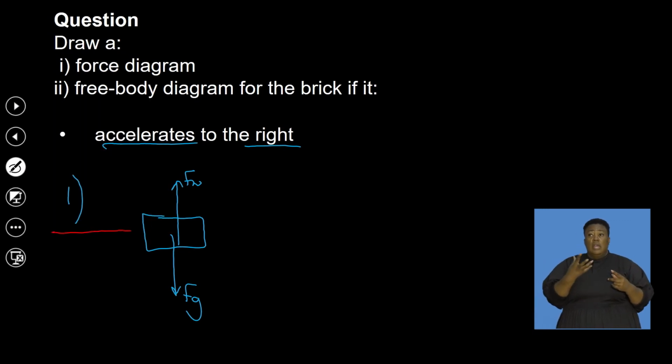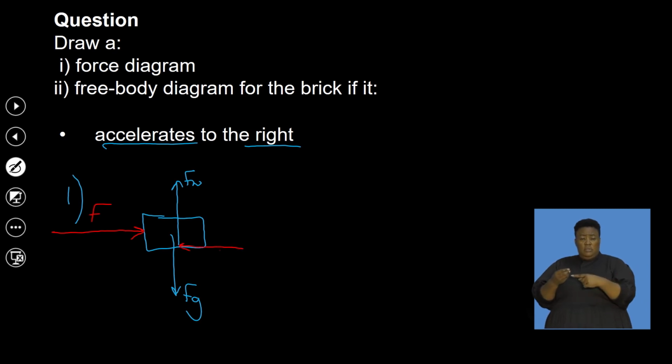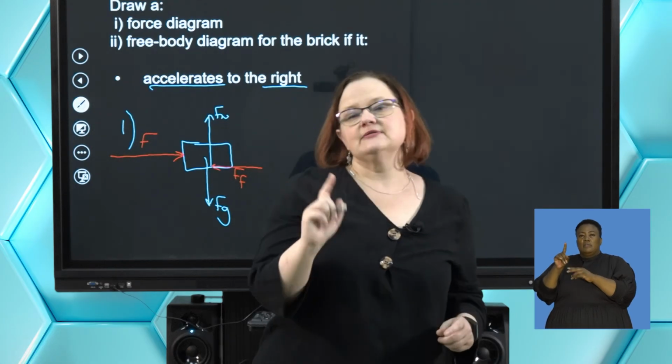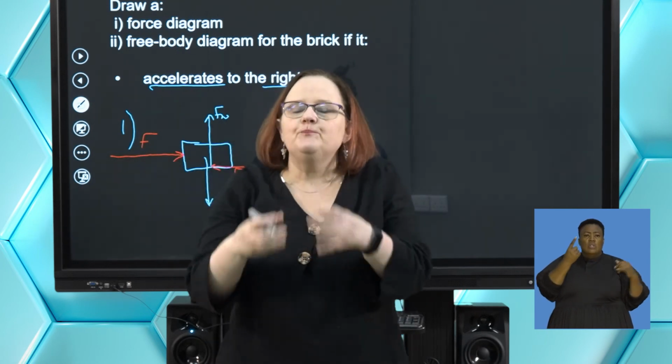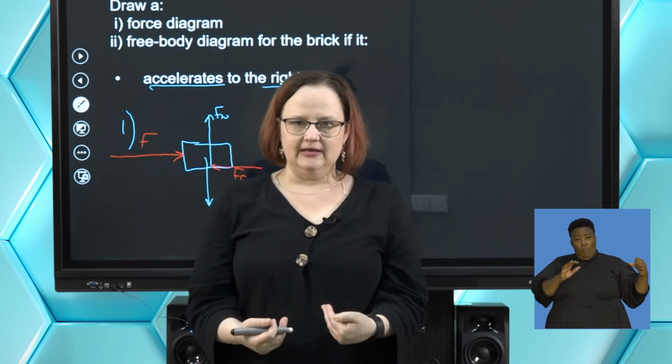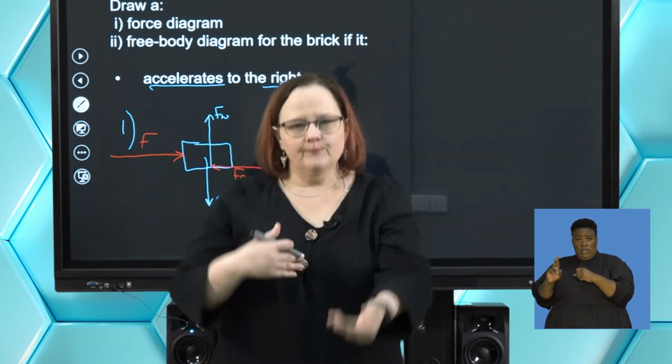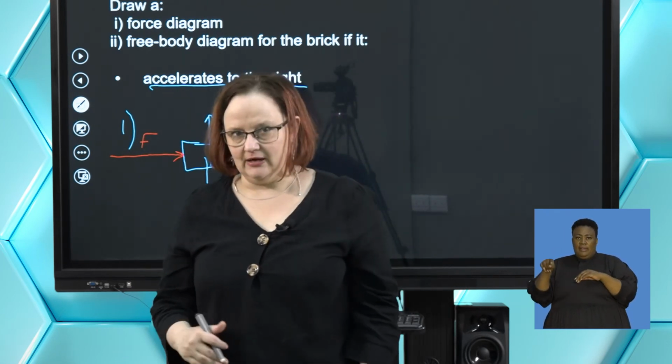I have a big applied force, and the friction must be smaller. Now I'm wanting to see that you understand that the force that's pushing it to the right is bigger than the friction which is going to the left. They are unbalanced, so it can accelerate to the right now.